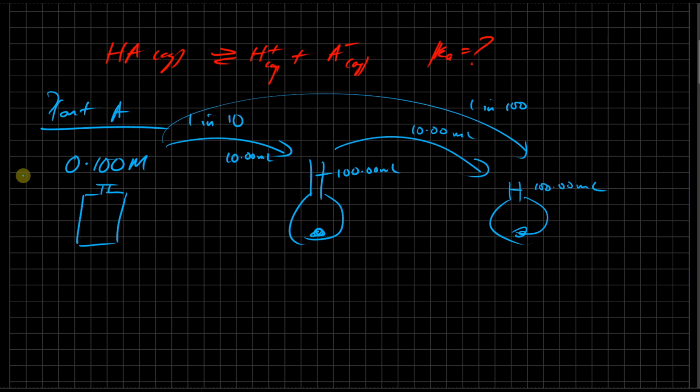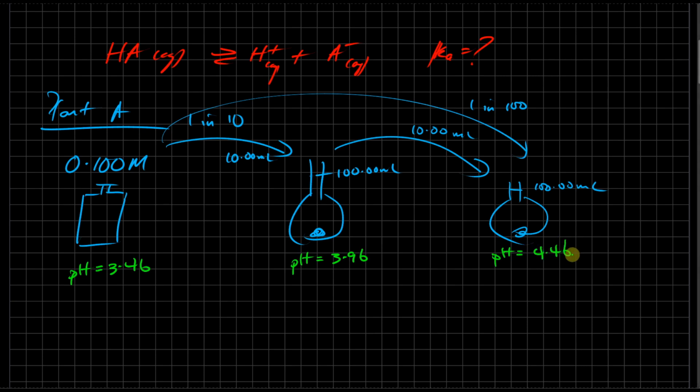So that's what we're going to do. We're going to take a stock concentration of the acid and dilute it 1 in 10, and then 1 in 100, and 1 in 1,000, and then find a pH of each of these. So let's just say, for the sake of our argument here, we find a pH of this one to be 3.46, the pH of this diluted one to be 3.96, and the pH for this 1 in 100 dilution to be 4.46.